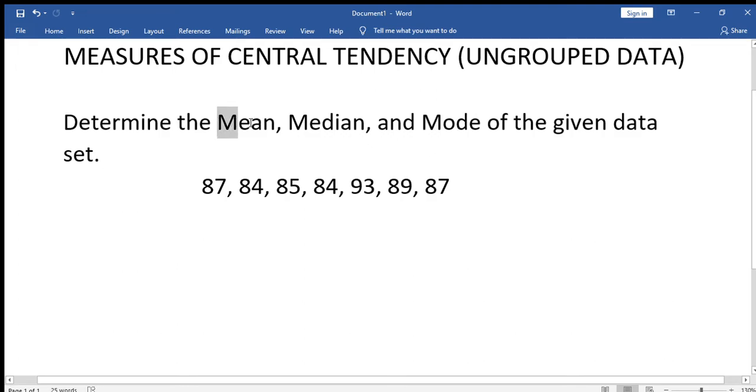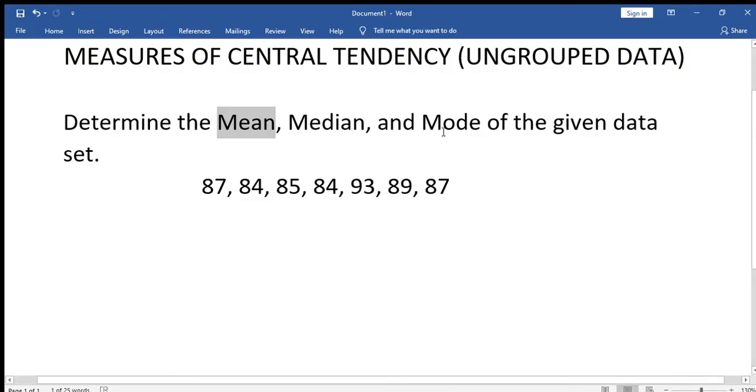Mean is determining how the scores are distributed around the cluster of the scores. Median is defined to be the centermost or the middlemost score appearing in a given data set or in a given distribution.